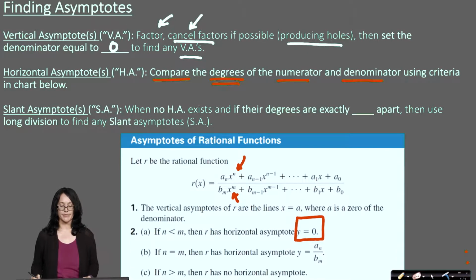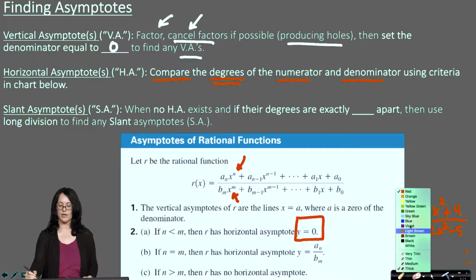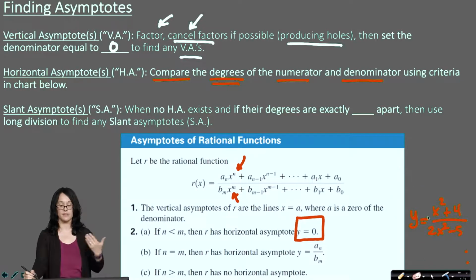On the other hand, what if the degrees are the same? So for example, maybe you have y equals x squared plus 4 over 2x squared minus 5. Quick little example. Well, the degrees are both 2, aren't they? So if the degrees are the same, it turns out that you do have a horizontal asymptote, and you'll learn more about why that is in the next couple math classes if you continue on.